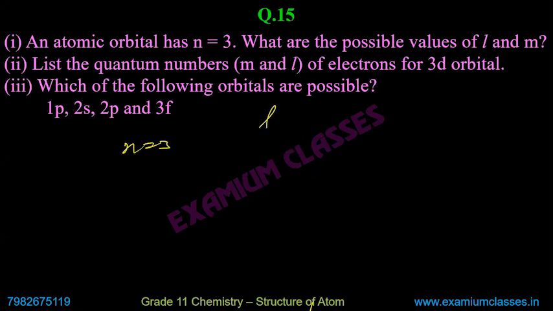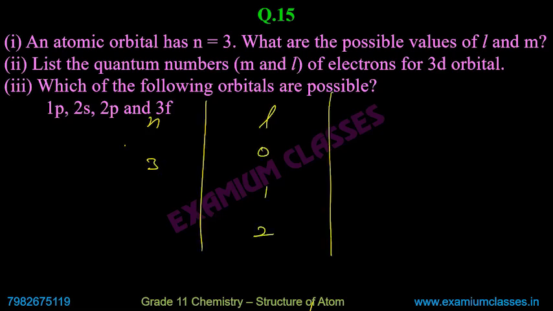We will say for n equals 3, l will be 0, 1, 2. And then you will have corresponding m values. You will write 0; minus 1, 0, plus 1; minus 2, minus 1, 0, plus 1, plus 2. Don't just write statements. Draw the table, it will be sufficient to answer the question.